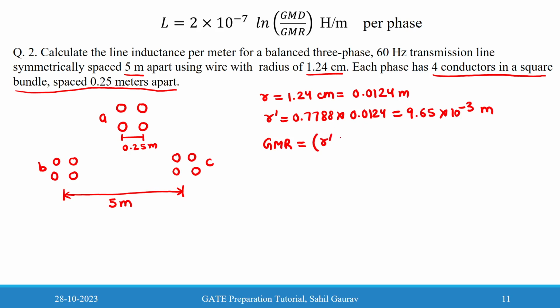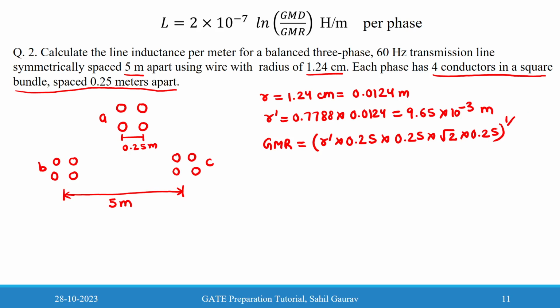r dash into 0.25 into 0.25 into 2 root 2 into 0.25, and the power here, how much? 1 divided by 3 or 4?